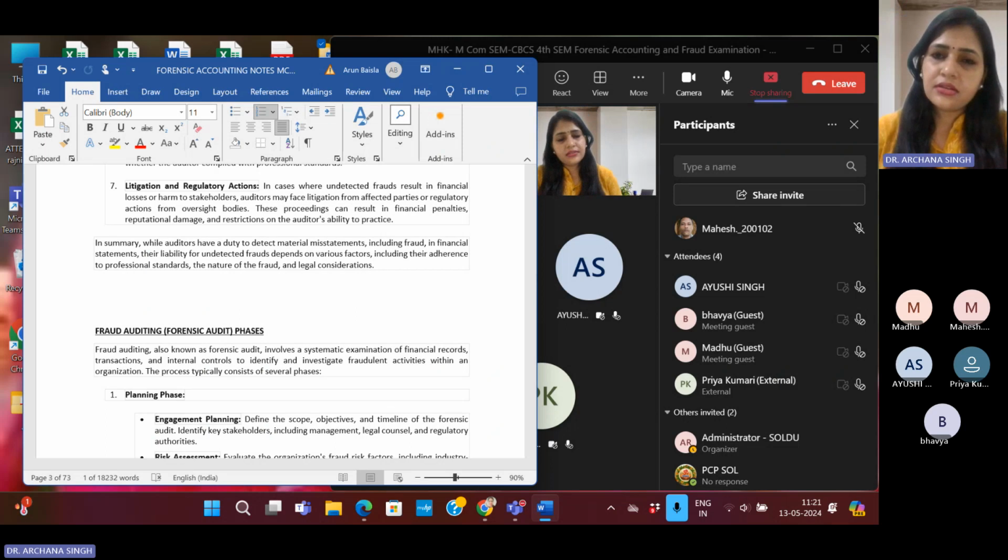What will be the result if they face litigation and regulatory actions? They may result in financial penalties, so they may have to pay a financial penalty.